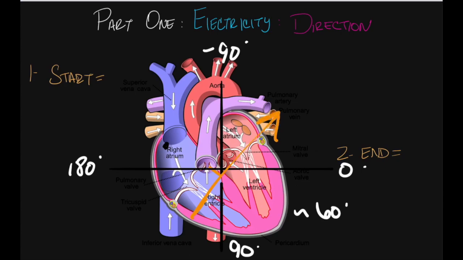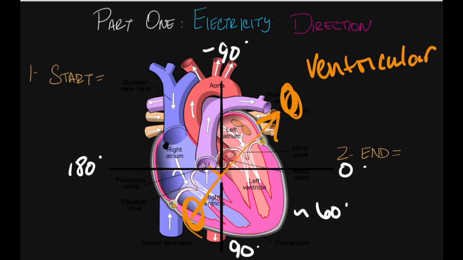And that tells us both the start or origin of the electrical source and the destination. So if we have a QRS complex that is negative 45 degrees, that is highly suggestive of a ventricular rhythm. That's pretty cool. And we're going to see how we can start to quantify these angles and how they can fit into certain disease patterns.